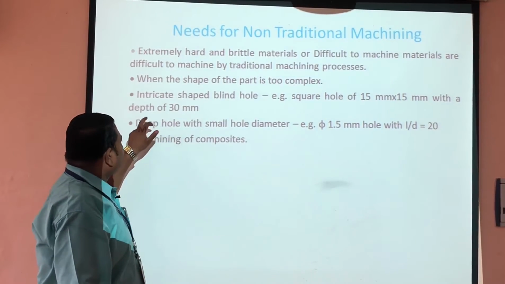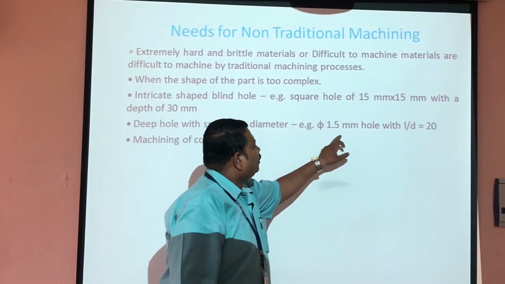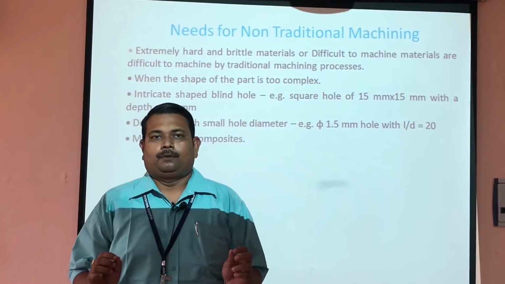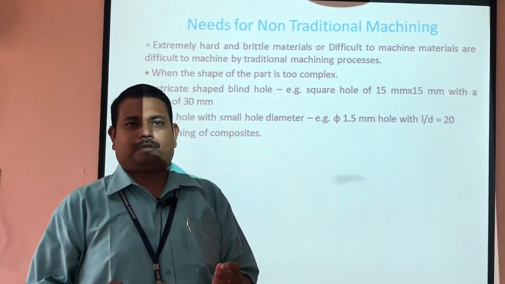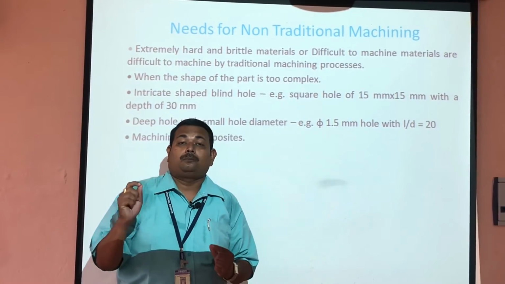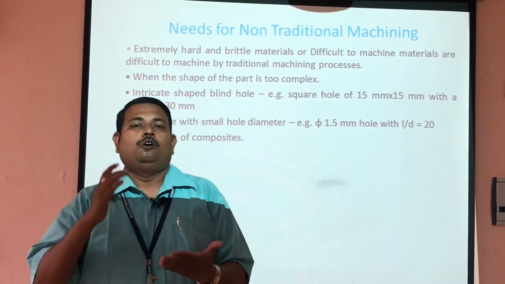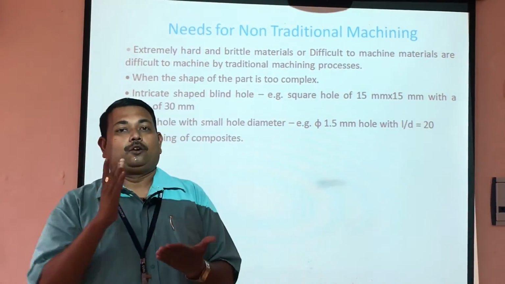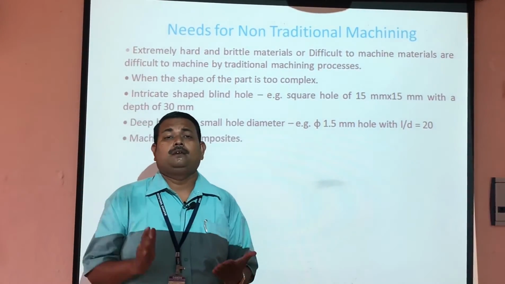The last example is a deep hole with a small diameter, a 1.5 mm hole with an ID of 20 mm. It cannot be done with a conventional machining process, but it is possible using a non-conventional machining process. So these are some of the examples where it is highly required to choose a non-conventional machining process rather than a conventional one.